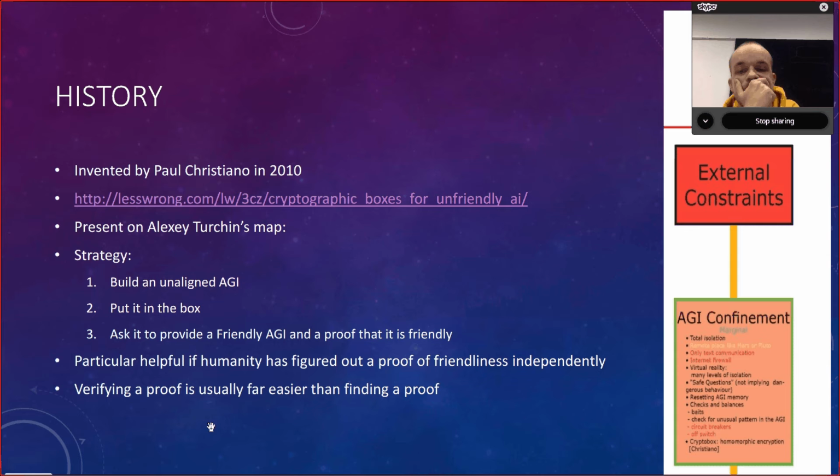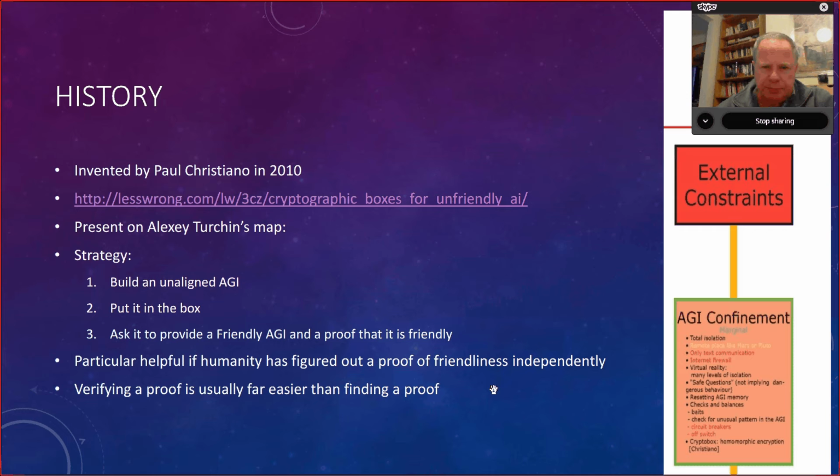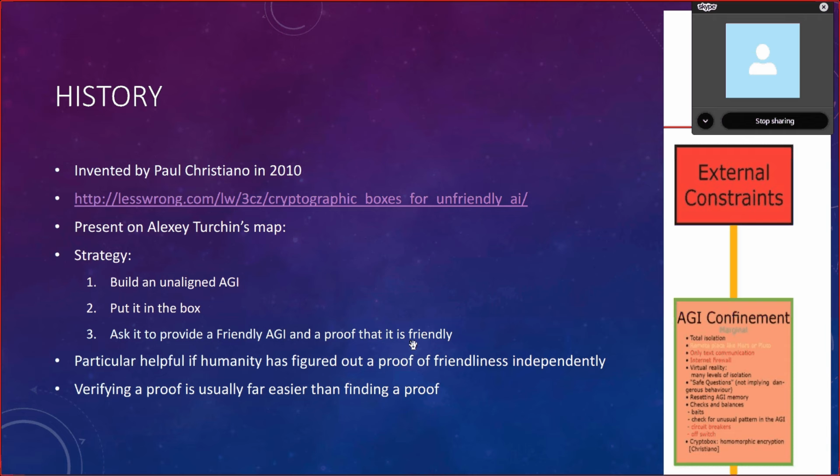And of course, it would be wonderful if we can automate this, so there's an automatic program that verifies if an AGI is friendly. Then this approach would be really neat.